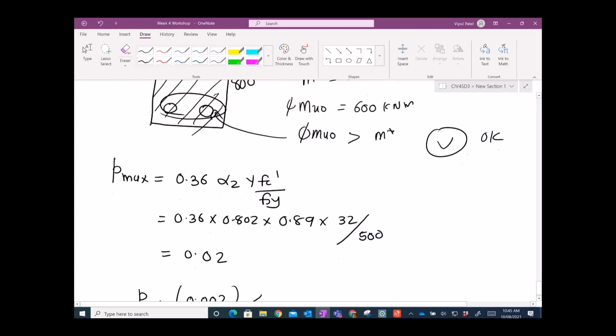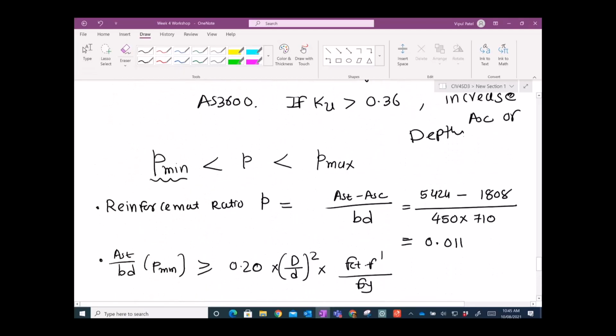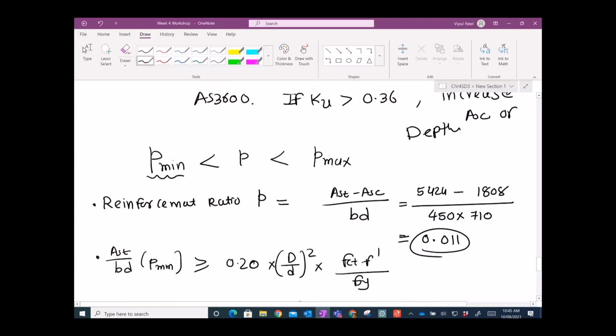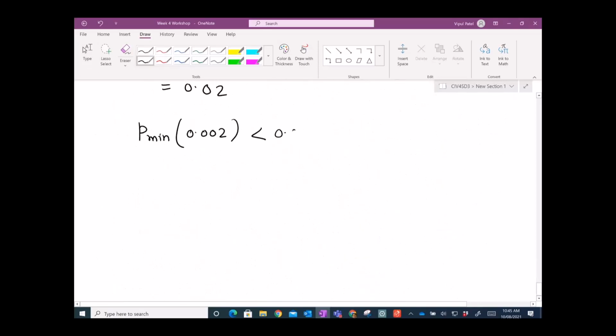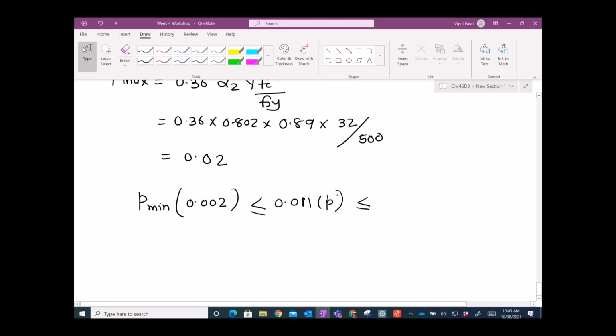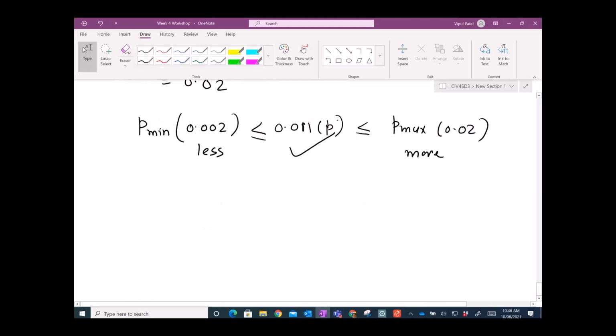Then your Rho in our beam is 0.001. That is your actual Rho in your beam, and then you have the maximum Rho, rho maximum, which is 0.02. So that sounds good. This is less, this is more, and I'm in between, so that is okay. The reinforcement requirement is okay.